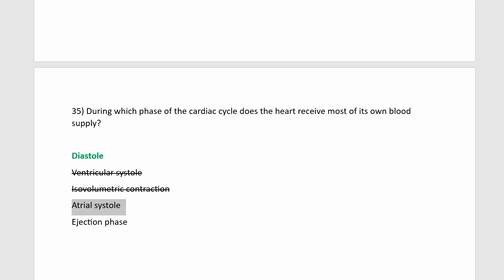These impede it, and it's quite counterintuitive, but once you've wrapped your head around that, it's almost like a lot of medicine is learning the exception to the rule, and then as long as you know the exception, everything else works a specific way, and that's why there's so much emphasis on these exceptions. So again, the ejection phase is forcing blood through the pulmonary artery and aorta, and that's going to impede the blood flow, so it's not that. So the correct answer to this question is diastole.